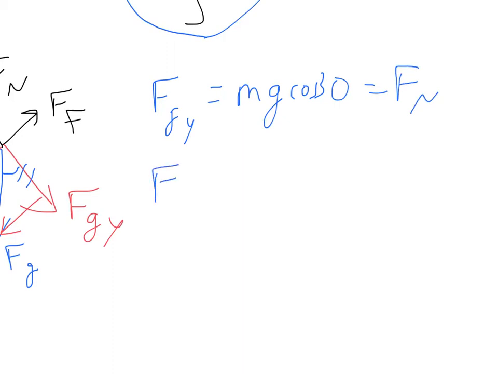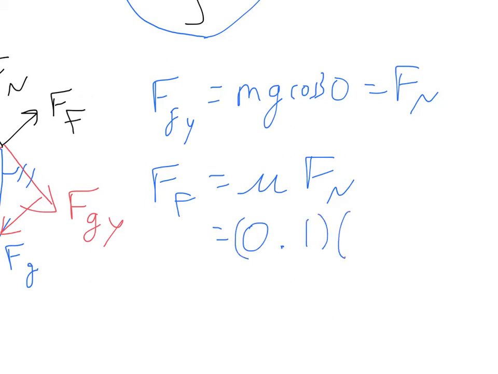In addition, we know that the force of friction is mu times the normal force. In this case, the coefficient of friction is 0.1, and we know the normal force is mg cosine 30.